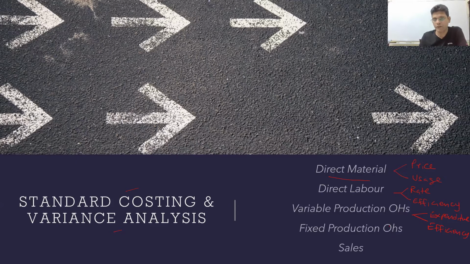Under fixed production overhead, also we have two types of variances, basically expenditure and volume variance.